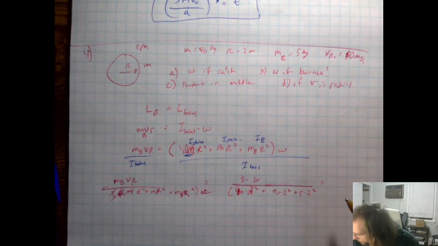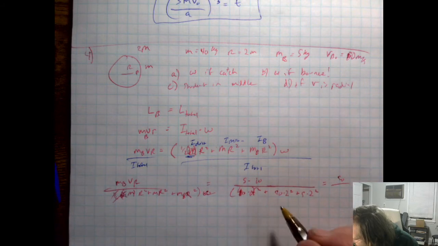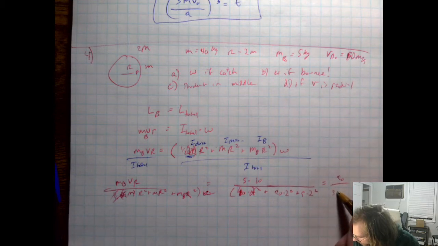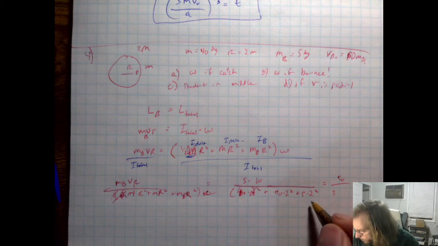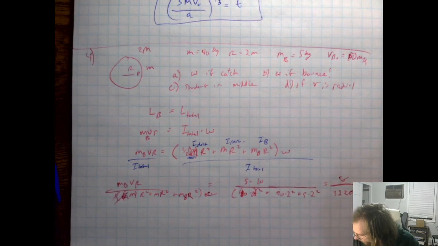So that'll get us 50 over 4 times 40 plus 4 times 40, which is 80 times 40. 4 times 8 is 32, with 2 zeros, plus 5 times 4, which is 20, 2, 2, 0. Which is going to be very small indeed.